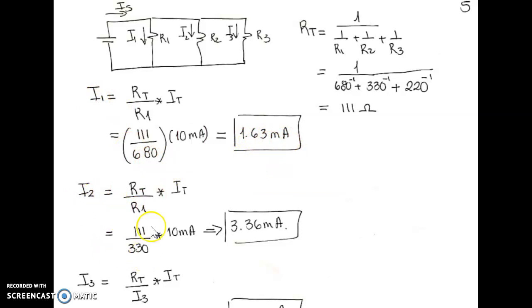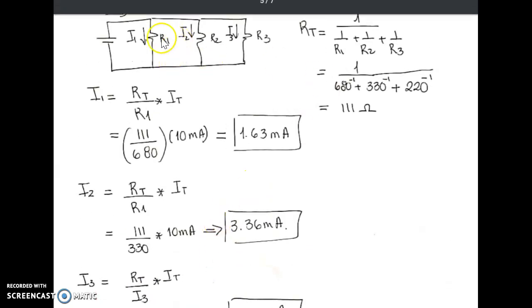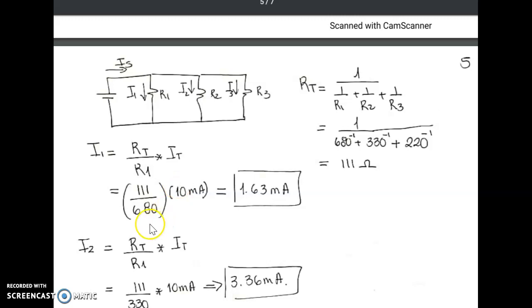For I2, it was 330, which is less than half of this, so we expect the current to be more than double, and it is. And for I3, it was 220, so most of the current is going to travel through I3. That's how you would calculate the different currents by using the current divider rule.